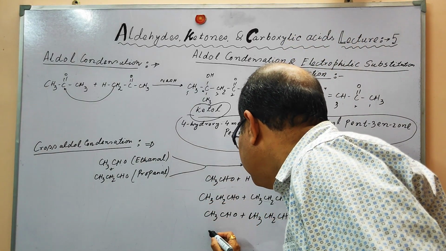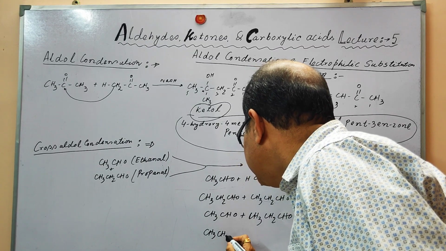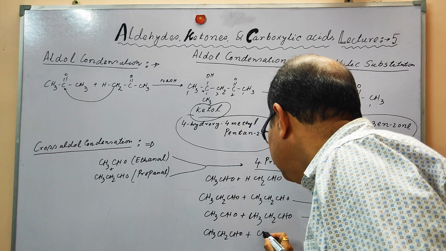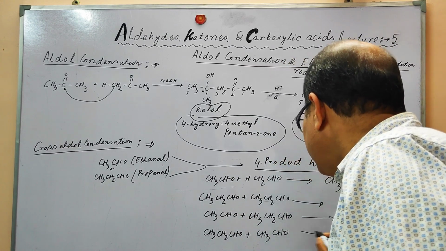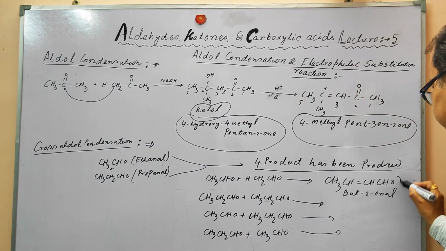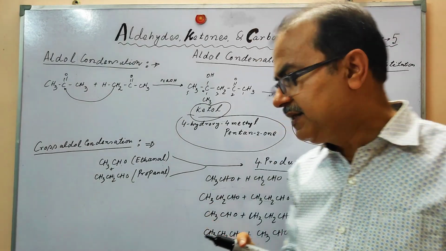And in the 4th case, CH3CH2CHO plus CH3CHO, the alpha hydrogen of this acetaldehyde has been used and it is going to produce a different type of product.